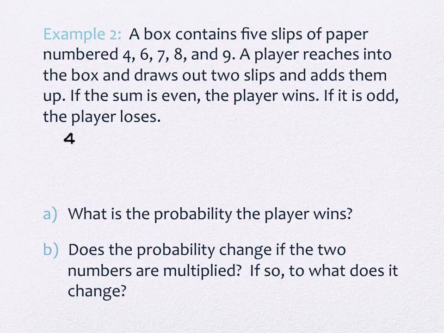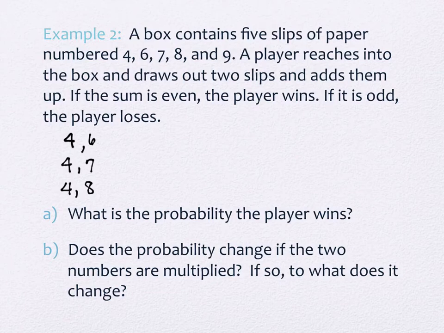So if I draw the number 4 as my first draw, what else could I draw? I can't draw the 4 again, right? 4 and 6. I'm just going to write them beside each other. Or I could draw 4 and 7. Or 4 and 8.